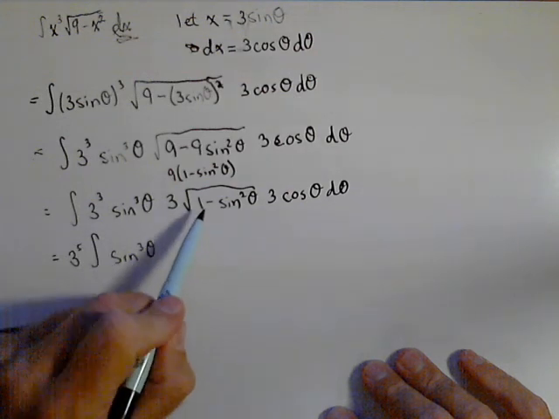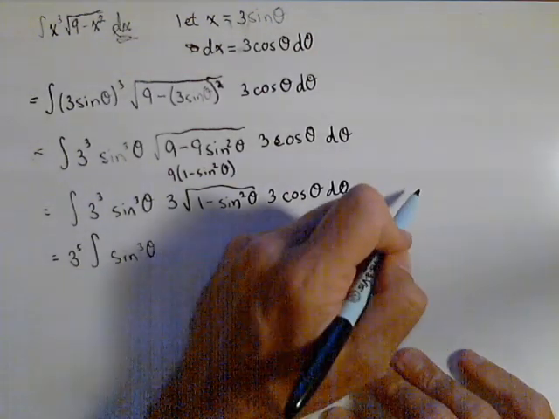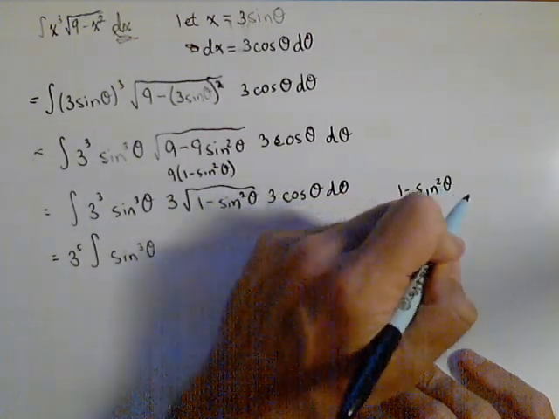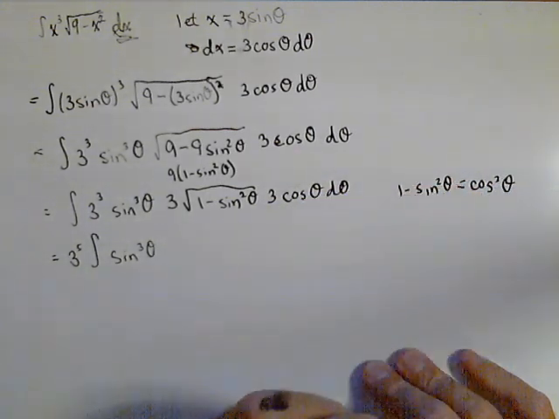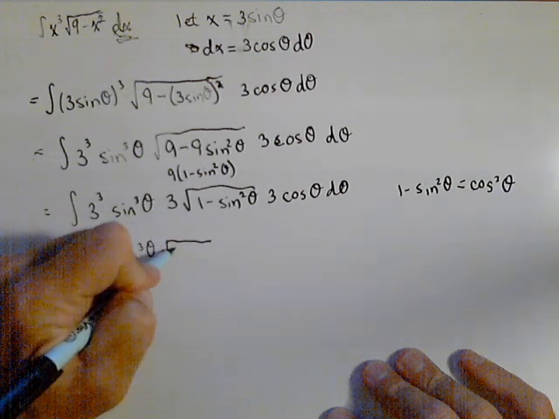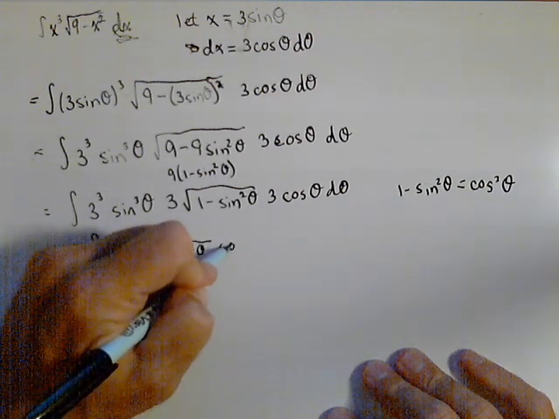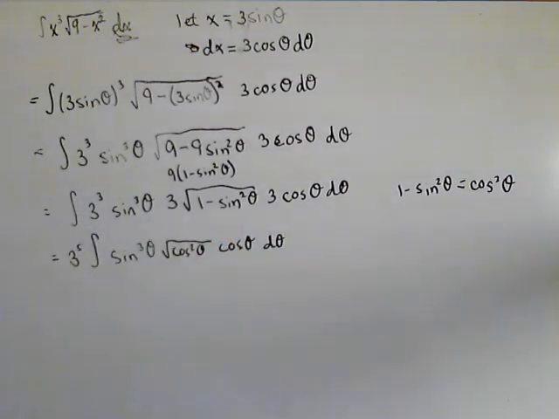And now what I'm going to do here, I have 1 minus sine squared. By the Pythagorean identity, 1 minus sine squared theta equals cosine squared theta. So I basically have the square root of cosine squared theta, then another cosine theta d theta.